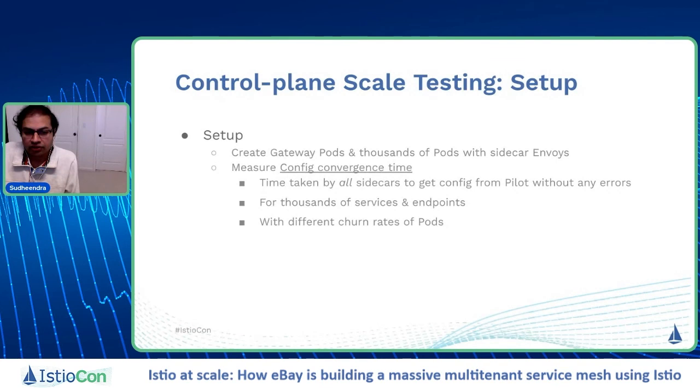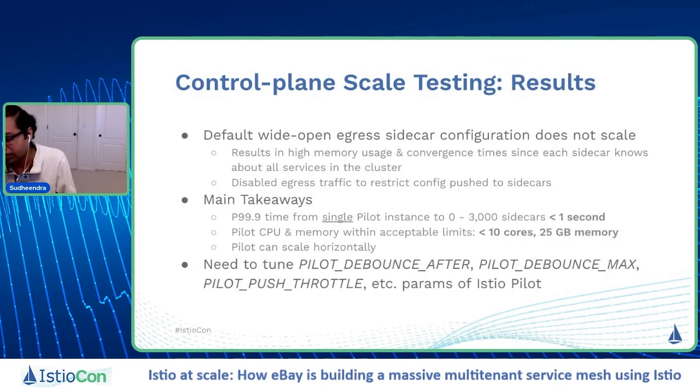Let me jump into the results. One of the things we noticed was that since we initially had a wide open egress sidecar configuration, this was essentially pushing the state of the entire cluster, all the service endpoints, to every sidecar proxy. This doesn't scale, even though the particular application doesn't talk to all other services.